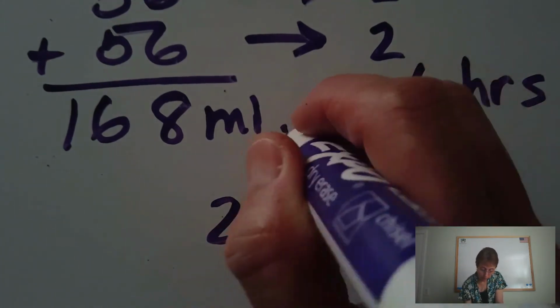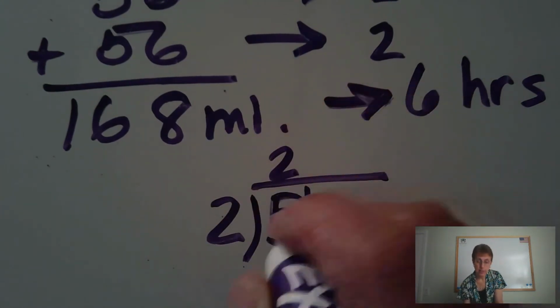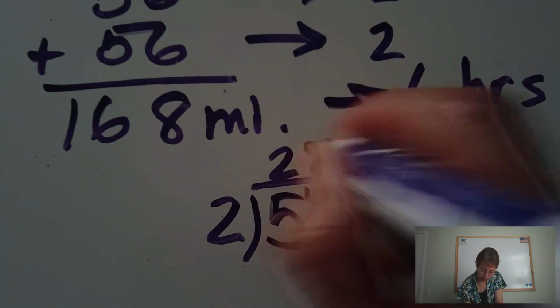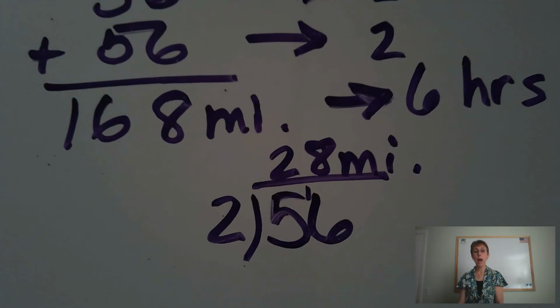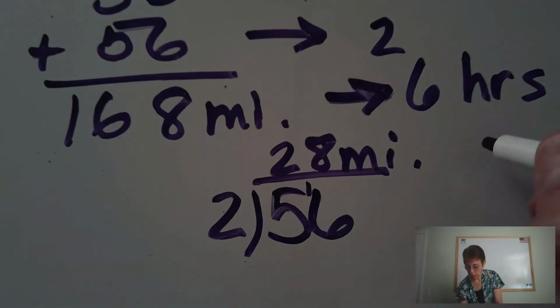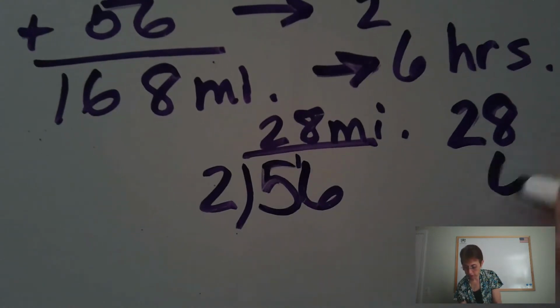And 5 divided by 2 is 2, because 2 times 2 is 4 with 1 left over, and 16 divided by 2 is 8. So you see that you have 28 miles per hour.